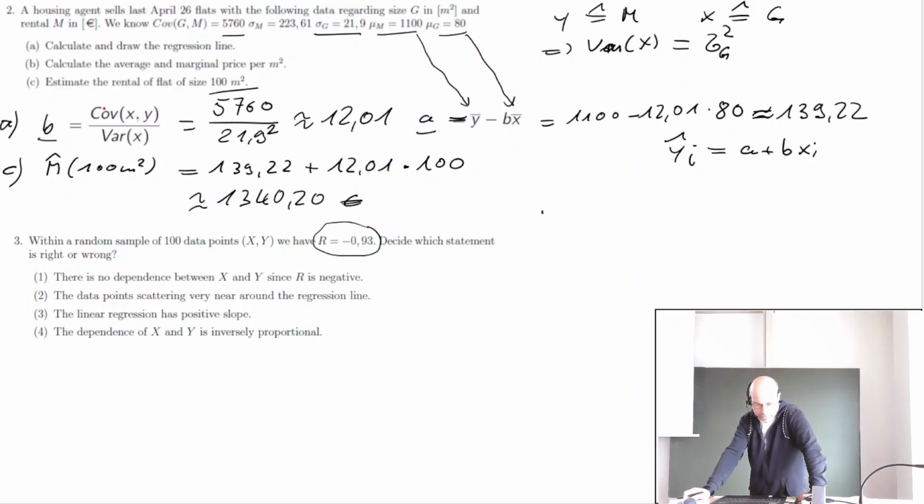And here are some questions, right or wrong. Since we have a negative sign in front of our correlation coefficient, we can say that there is, of course, no dependence between x and y. Right or wrong? And of course, please, with some statement, why you mean this is right or this is wrong.